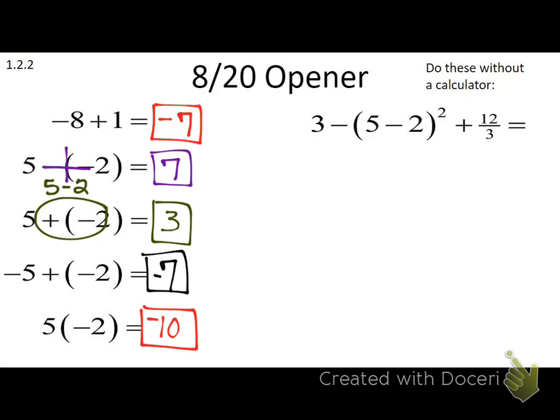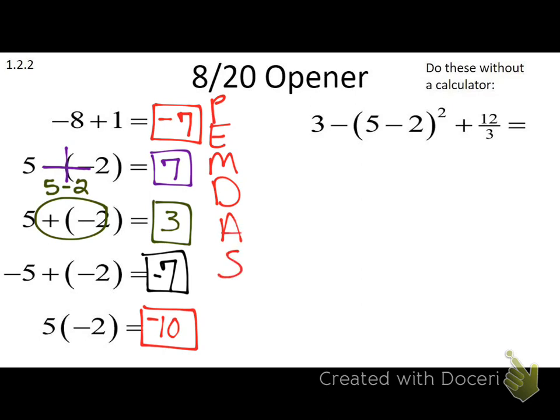We have 3 minus 5 times 2 squared plus 12 divided by 3. What mnemonic device am I going to use to help solve this? PEMDAS. Yeah, PEMDAS.